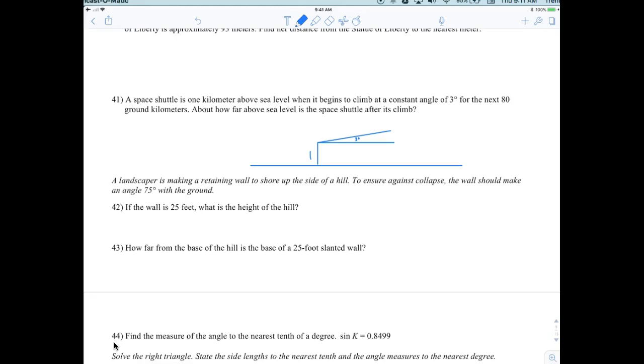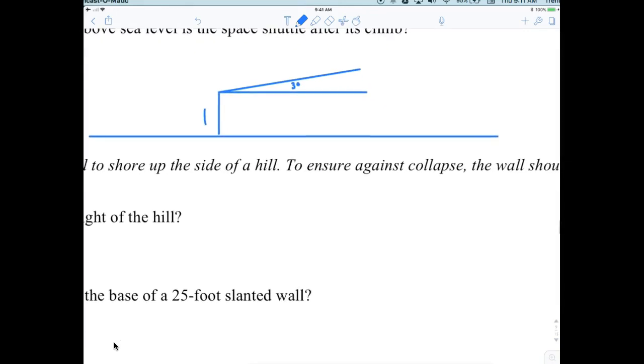Why do they use 80 ground? Because they're measuring that, right? So they're calling that the ground climb. It could have said he was traveling for 80 kilometers. If he's traveling for 80 kilometers, it would be that, all right? But that's not what they're saying.